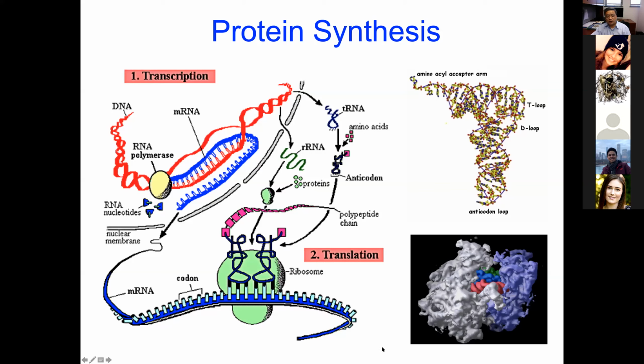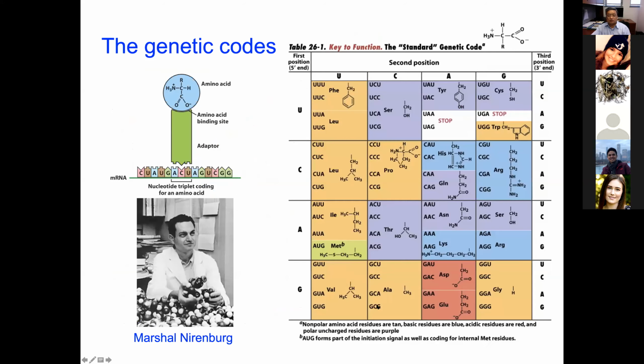So in these 2 lectures, we'll talk about the details of how protein synthesis works in the cells, catalyzed by the ribosome. We'll start with the genetic code, and we know the message on the spliced messenger RNA will be translated into protein. This process needs a tRNA as an adapter.